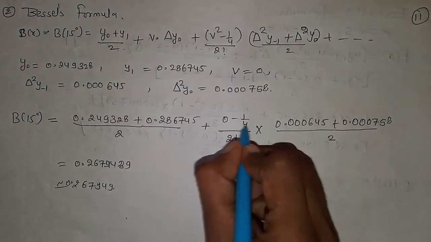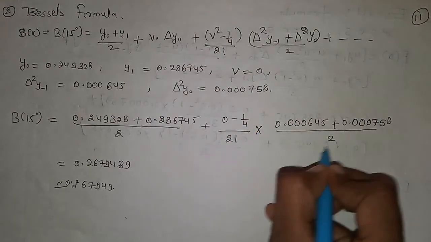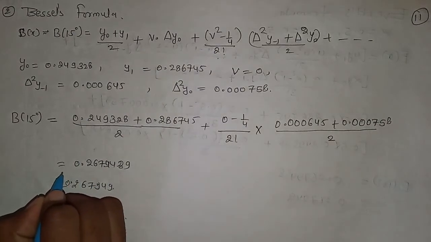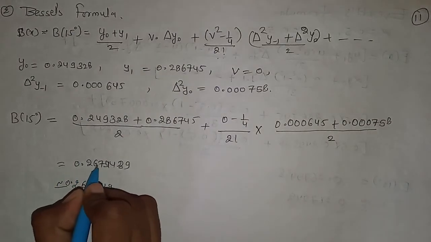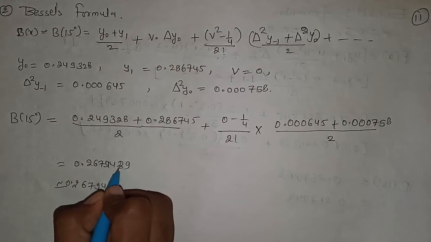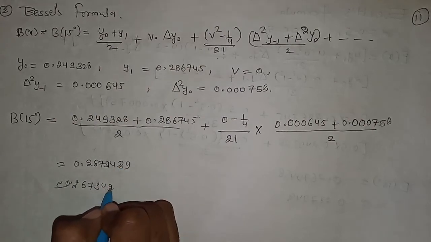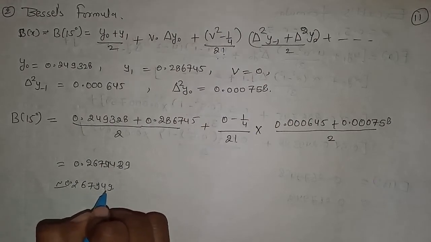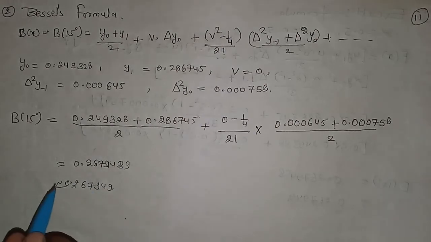Here this is minus and divided by 16. On calculating this, we get fb of 15 equal to 0.2679489, and on rounding off this we get 0.267949. So we are getting the same answer as Stirling's formula.